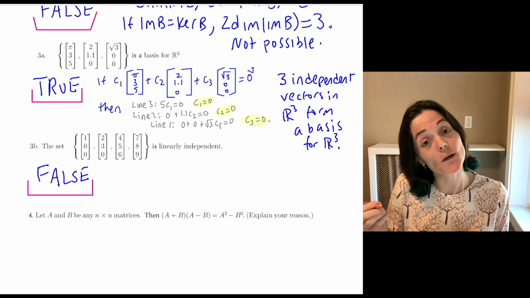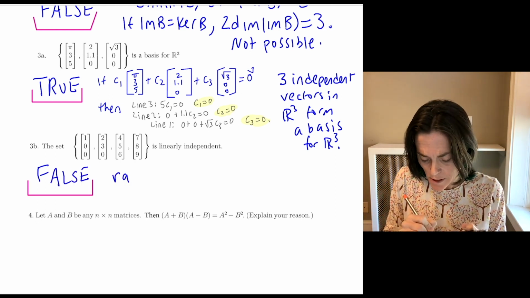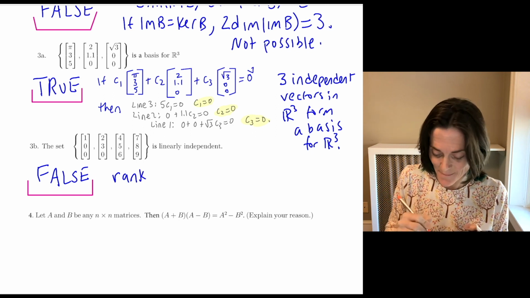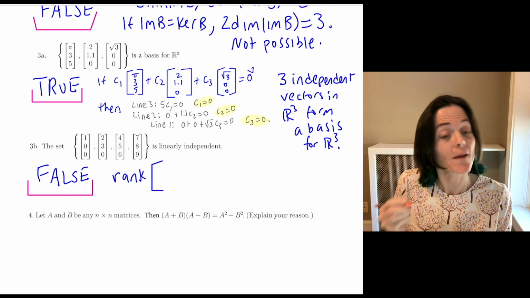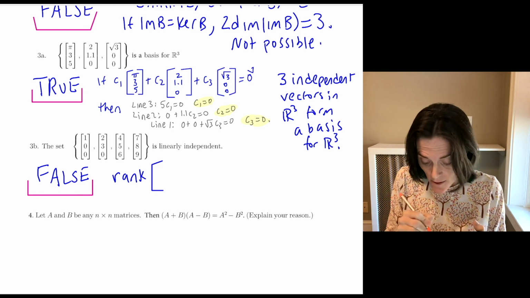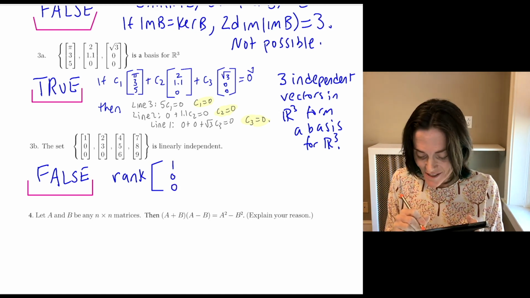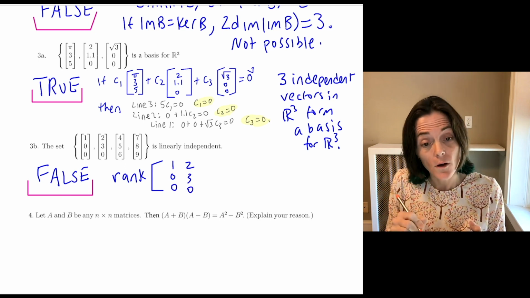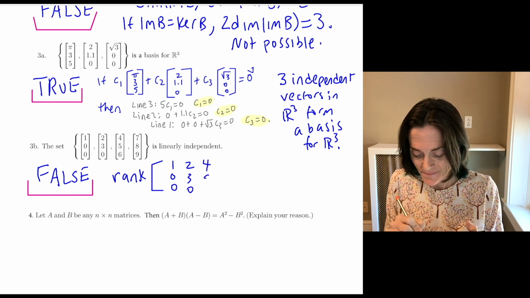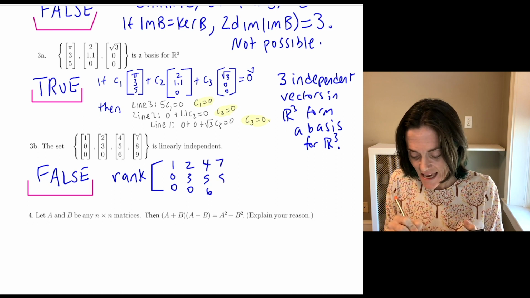There's a number of ways you could justify here. Maybe I will just use a rank, because this is a wonderful way to think about these types of questions. So if we put these vectors as columns, I have 1, 0, 0, 2, 3, 0, 4, 5, 6, and then 7, 8, 9.